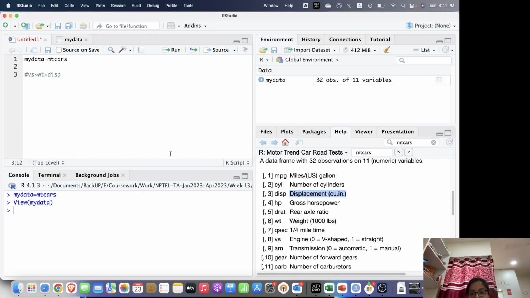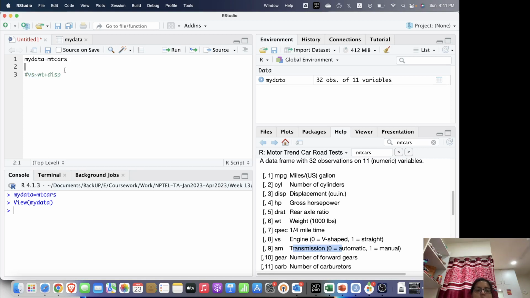So if you go and see here, vs is a binary category. Or even if I want to look at transmission, okay, 0 for automatic, 1 for manual. For the time being, let me look at this thing only. So here you see this is a categorical variable, or very specifically this is a binary variable.